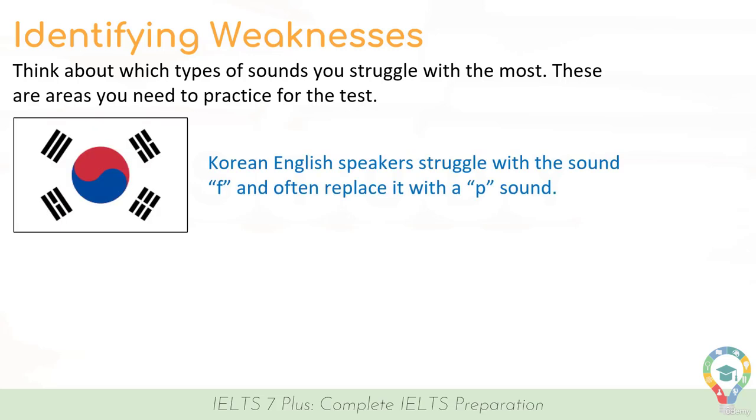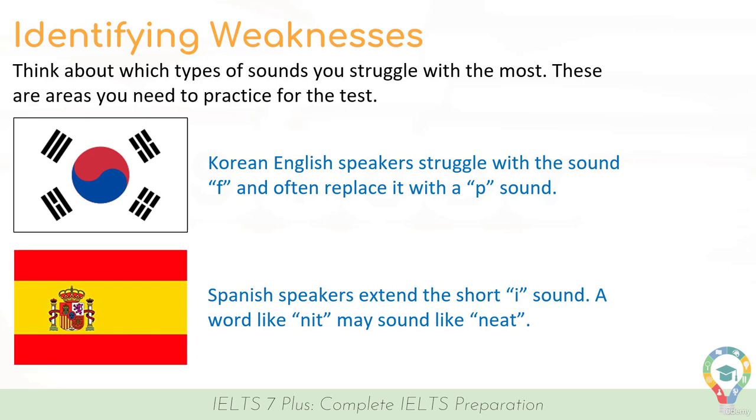Korean English speakers often struggle with the F sound and replace it with the P sound. Now that's because in their native language they don't have this F sound. So I would advise Korean English speakers to work particularly on that sound.